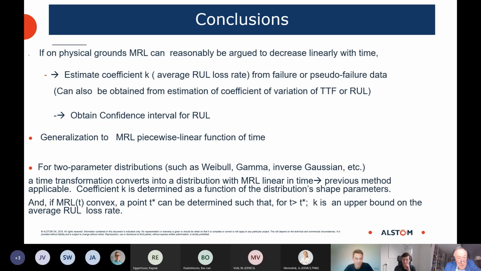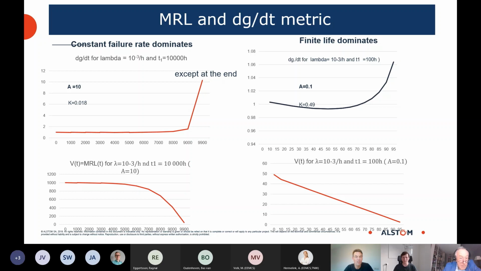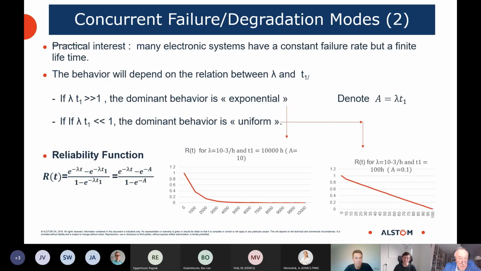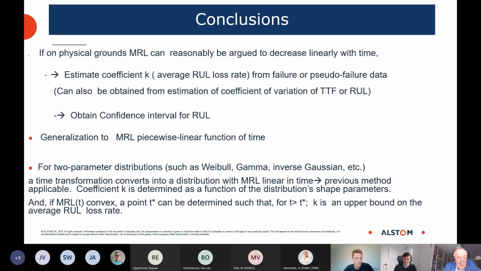So I think it's quite a nice way of looking at these equations and what is particularly interesting, in my opinion, is this G function, which I think deserves to be studied a lot more, because it can give us insights into what's going on within the distribution. Yeah, that's why you suggested to look at this dg/dt, and that might be a good trigger for doing maintenance before you get this acceleration point. Yeah, could be. Okay. Nice. Thanks.